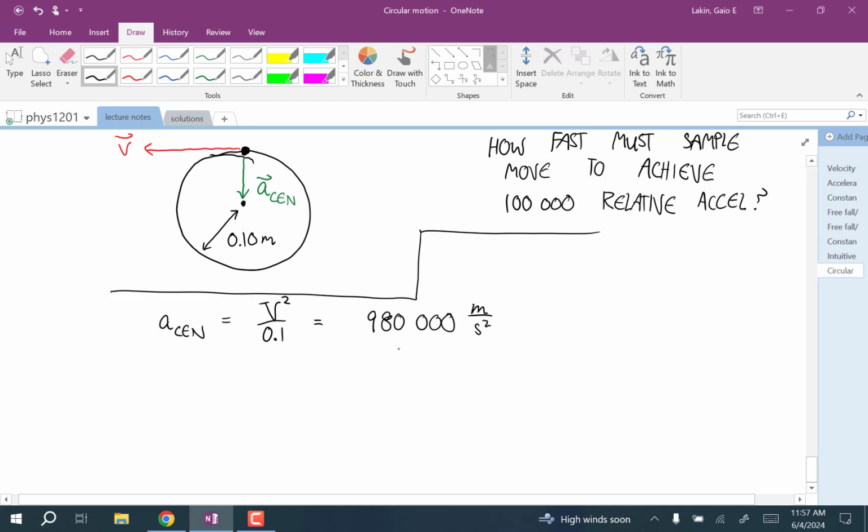If we multiply both sides by 0.1, we get that v squared is equal to 98,000. Or in other words, the speed, we want the positive, is the square root of 98,000, which is 313.05 meters per second.